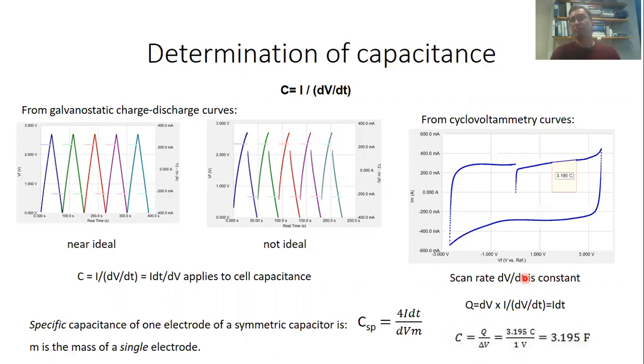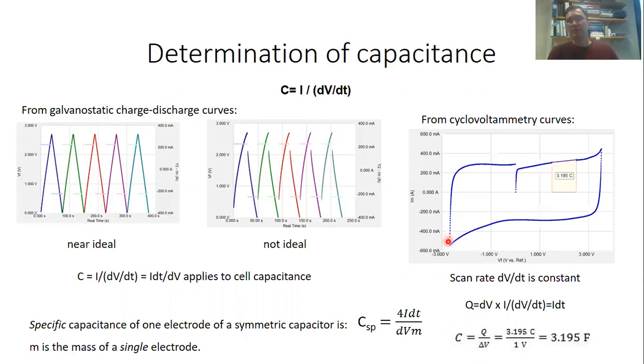And you would again change the voltage at that scan rate up to a particular final voltage. What you measure in this case is not the voltage like you do in the galvanostatic charge-discharge curve, but the current.